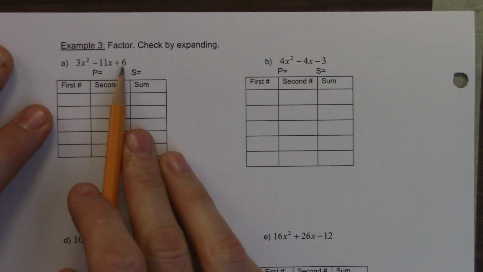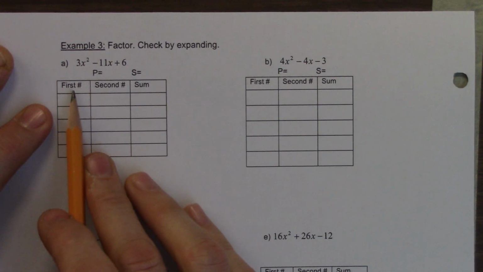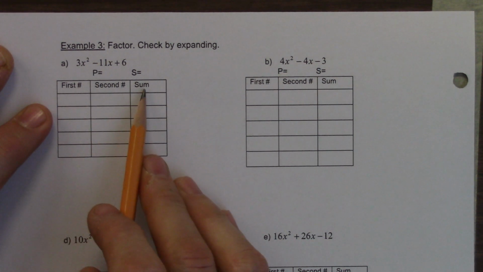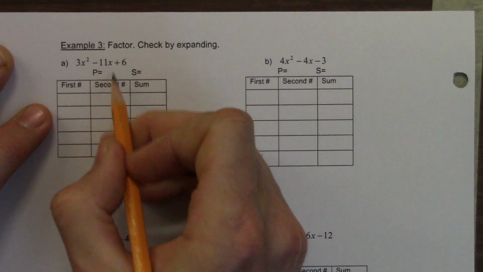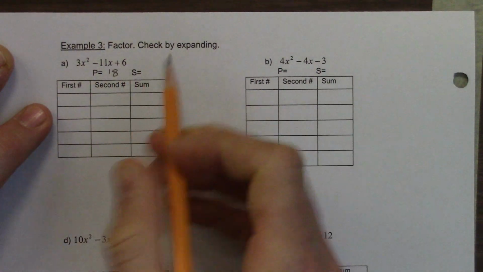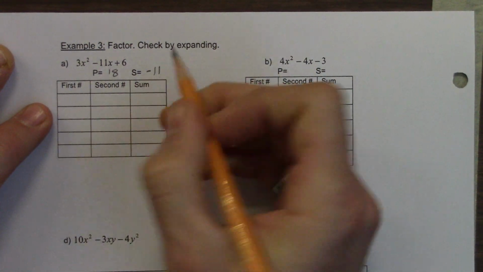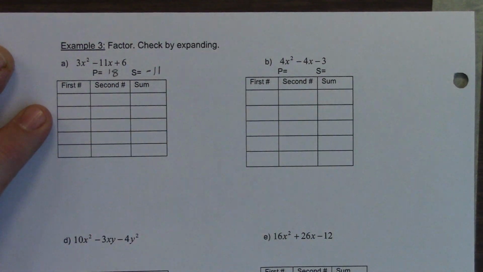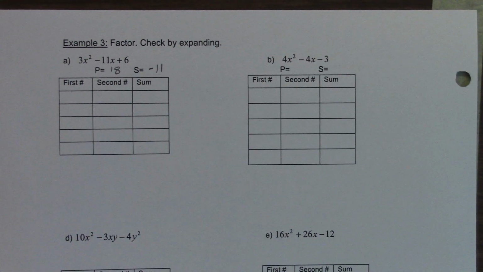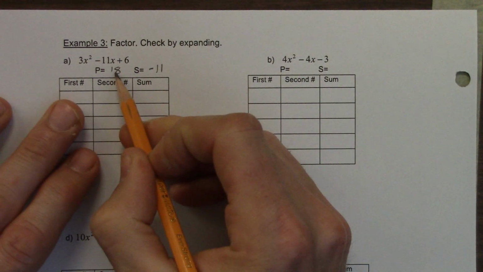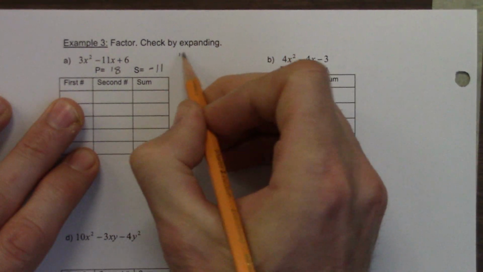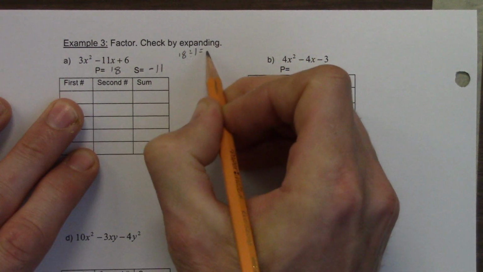Okay, so 3x and 6x, our first number. Our product needs to be 3 times 6, which is 18, and our sum needs to be negative 11. So we need two numbers that multiply to 18 and sum to negative 11. The way we start, we can do 18 divided by 1 is 18.